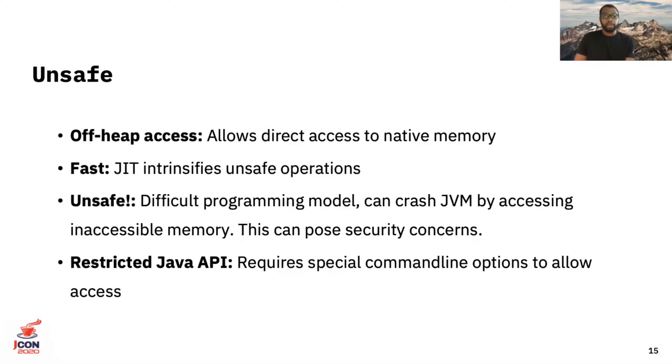It's very susceptible to crashing, as it's easy to make a mistake and try to dereference inaccessible memory, and this can pose security concerns. So sun.misc.Unsafe is a restricted API, but there is a more supported one, a JDK internal Unsafe that users can use. So next slide.